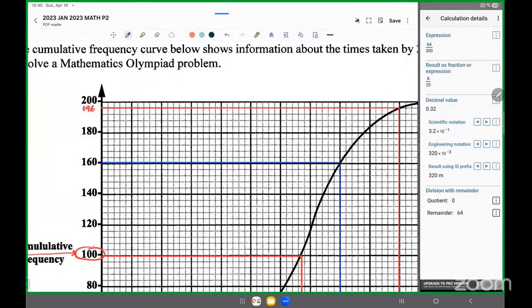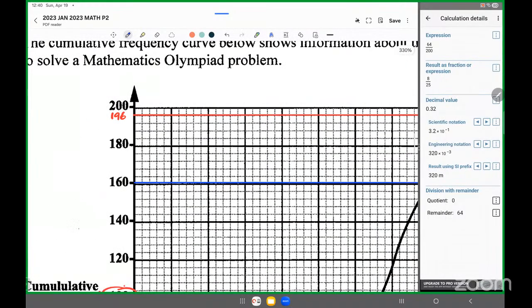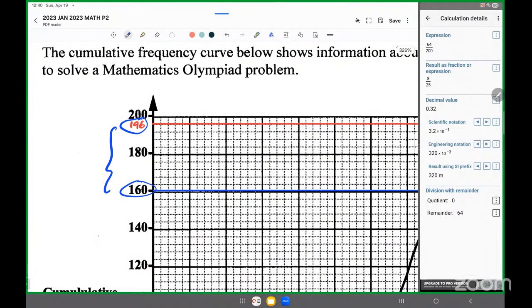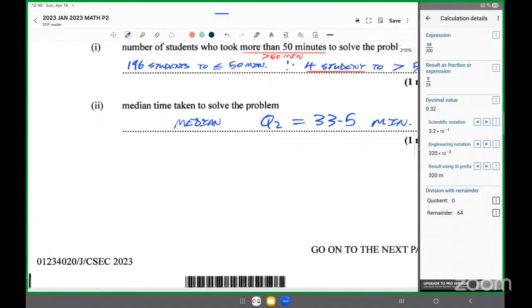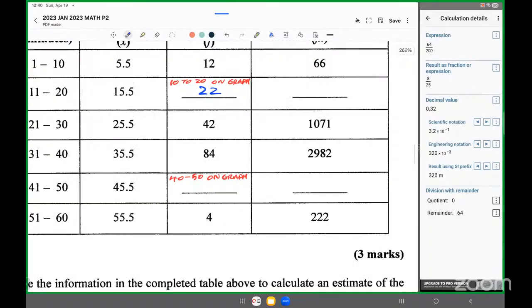The 40 is clearly, sorry, 160, between 160 and 196. How much is that? 196 minus 160 is 36 students in that interval. So this interval is 36 students.